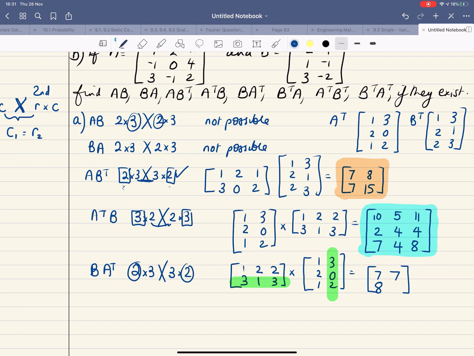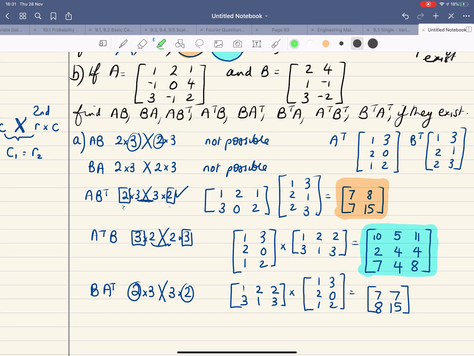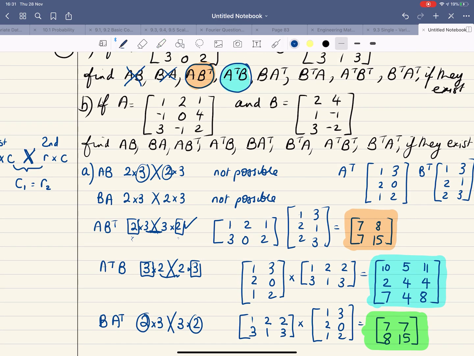So it's 9 plus 6, which is 15. Let's rub this out now because I don't need that one. And then, so this is the green answer. And that's the green answer there.